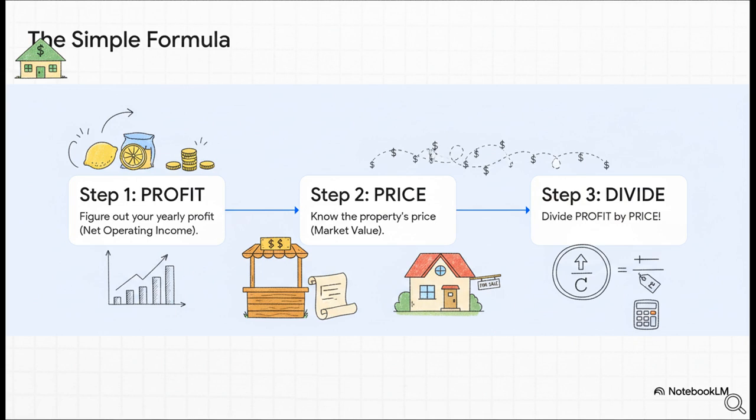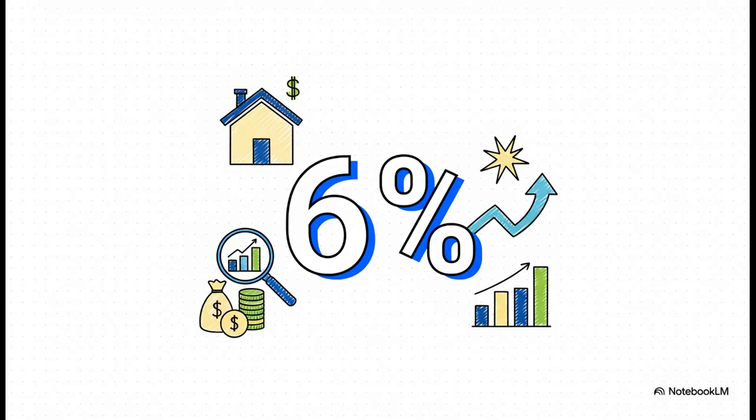You know the price to buy the whole stand is $100. And step 3. You just divide that profit by the price. $6 divided by $100. And that gives you 0.06, or 6%. That's your cap rate. It means for that $100 you spent on the stand, you can expect to earn 6% of it back in profit in the very first year. Simple, right? That one number is your snapshot.